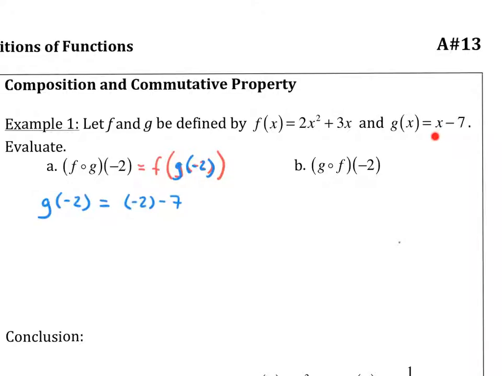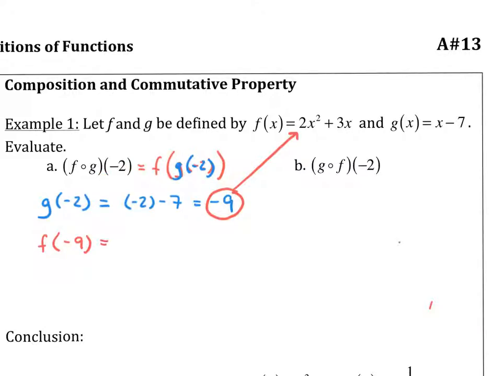All I did was put a negative 2 there, and clearly we get negative 9. So what do we do with that? I'm now going to pass the negative 9 on to f of x. So now f of x is going to be evaluated at negative 9. So we're farther away from the negative 2, but that's okay.